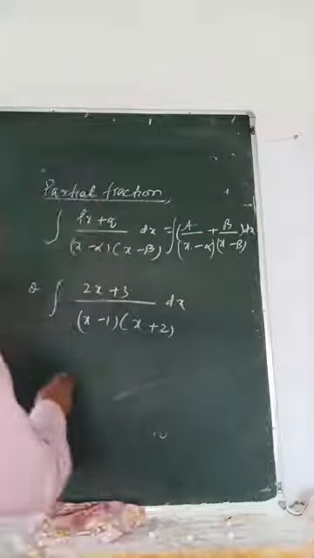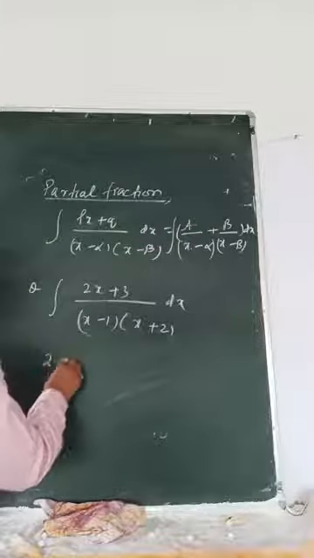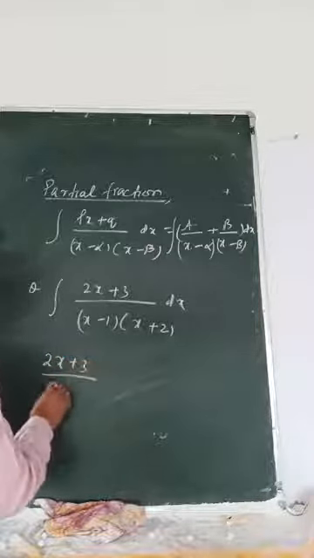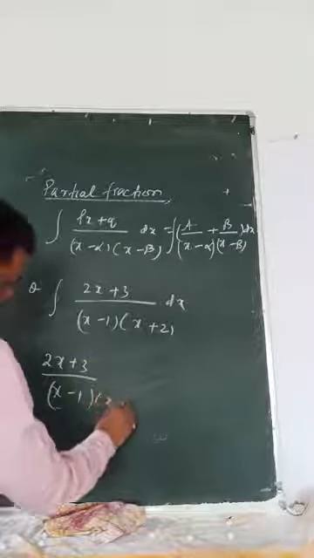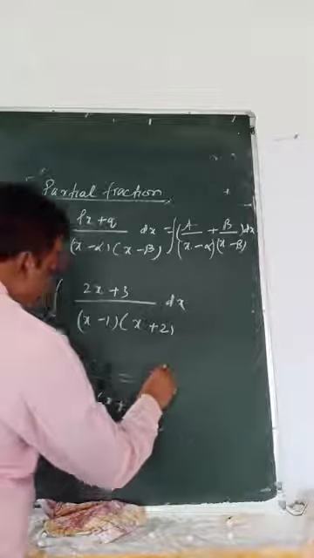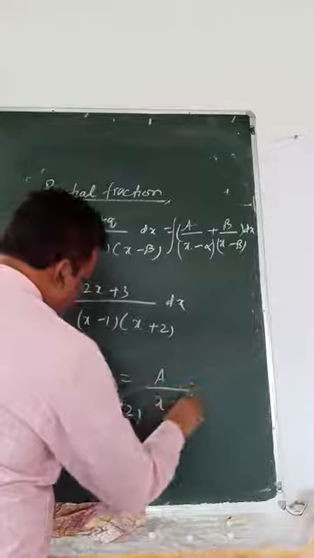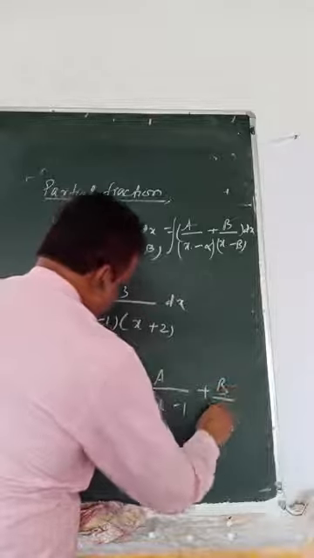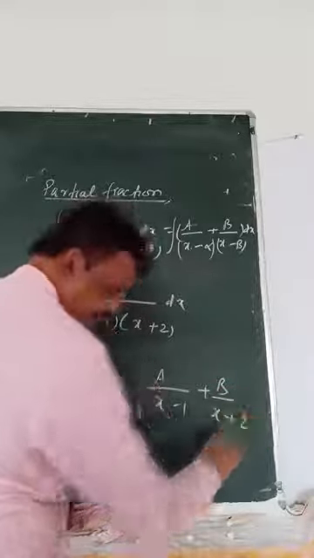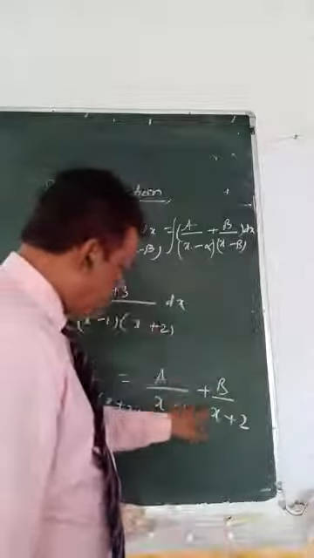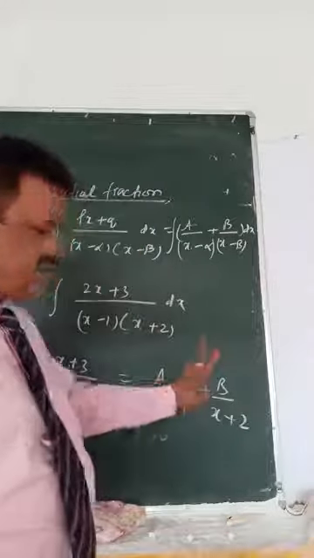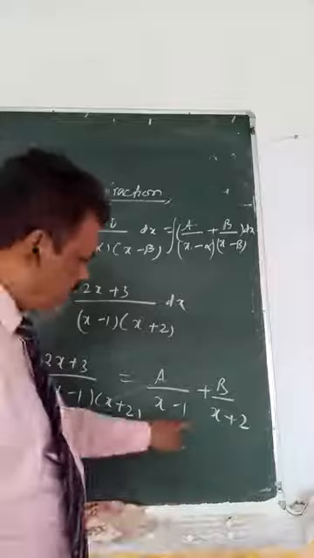So now write down (2x + 3) / ((x - 1)(x + 2)). You will write A/(x - 1) plus B/(x + 2). So we have separated it here. Now we have to simplify it and find the values of A and B. So how to simplify? Let's take the LCM.